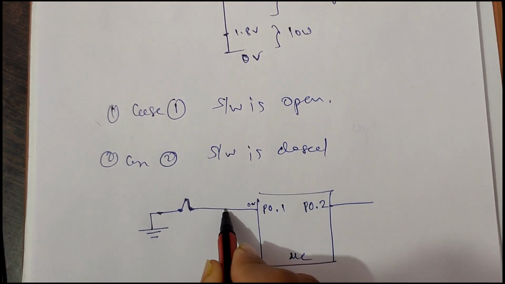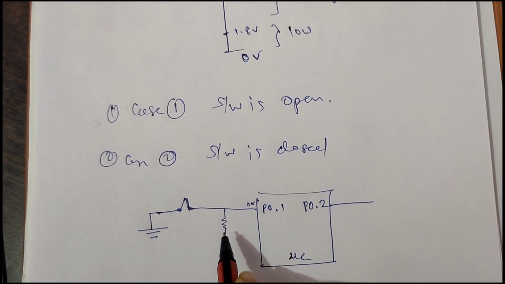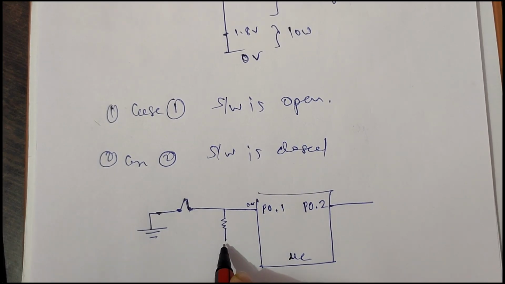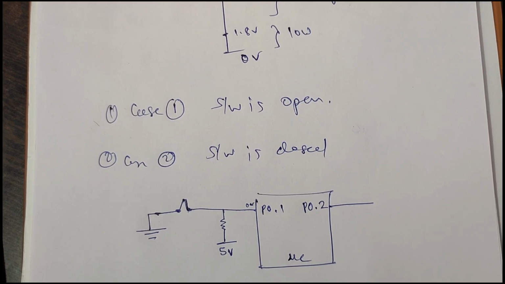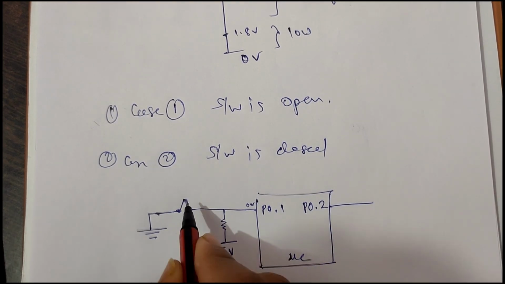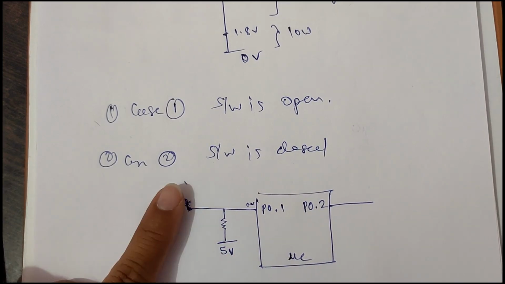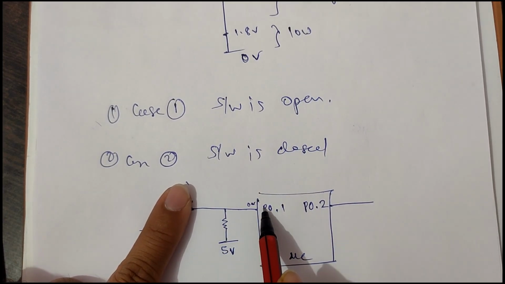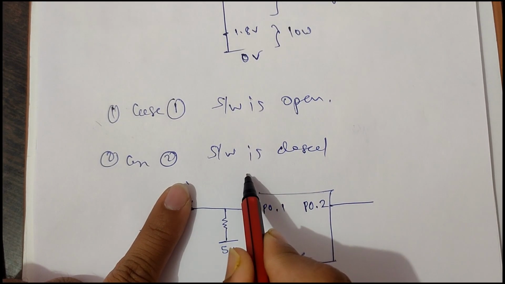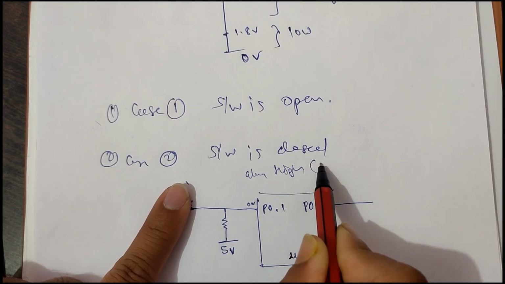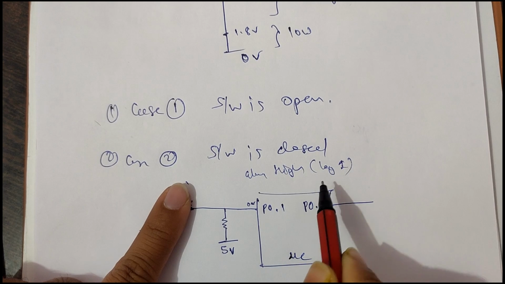I am connecting one resistor here and connecting it to the 5 volt supply. So when the switch is open, I am getting 5 volt continuously. It means it is always at high condition. It is logic 1.